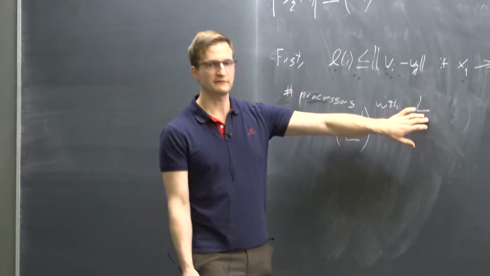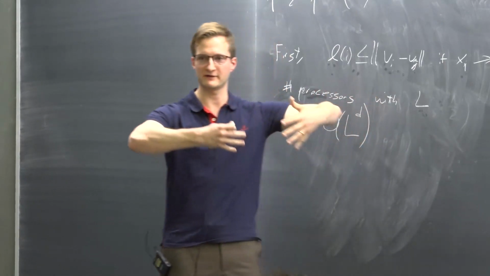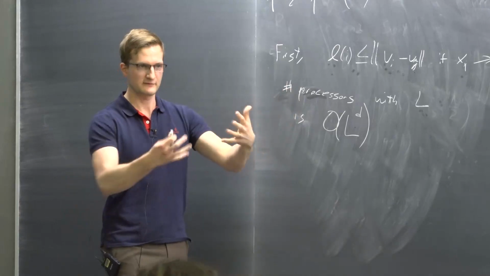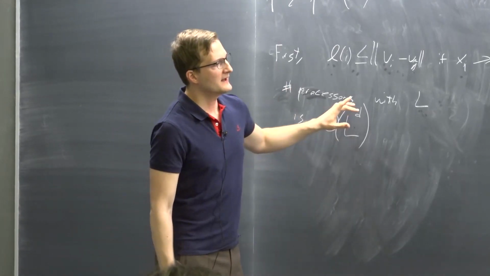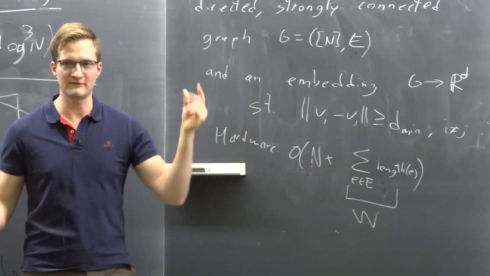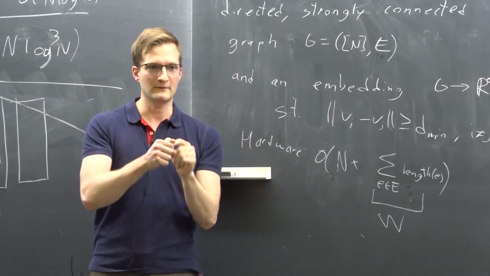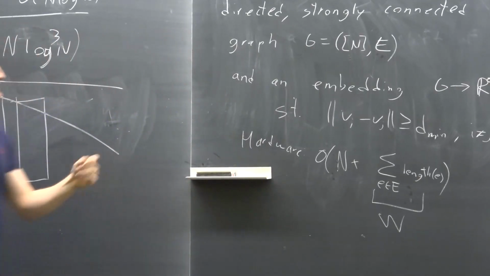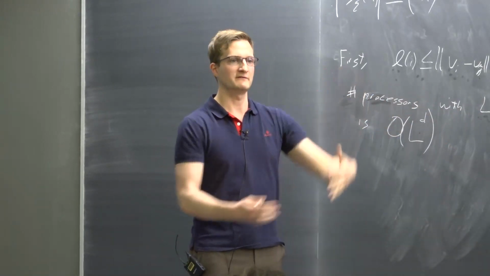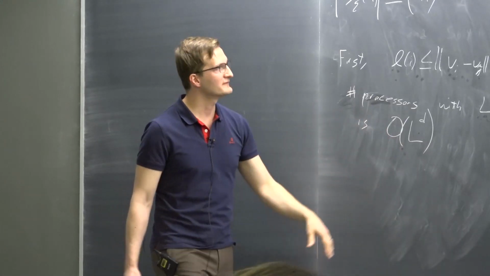So I've got some d-dimensional ball, and that's the volume that has to contain all of the processors. And the volume of that ball is L to the D, because it's in d dimensions. And because of this critical requirement, that the processors have finite size, for every processor there's a finite sized ball around it that has some finite volume. So if I just divide the total volume within distance L by this finite volume, I get O of L to the D. And that's an upper bound on how many processors I could possibly fit in that region.